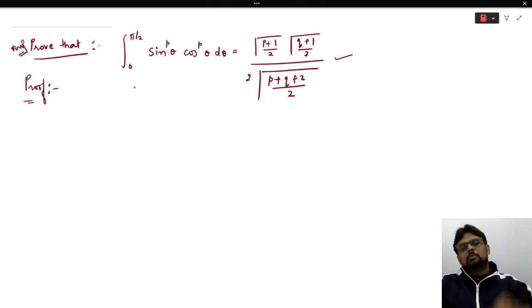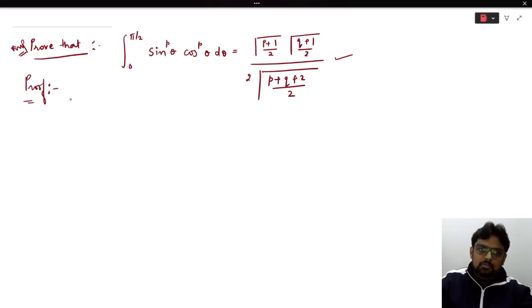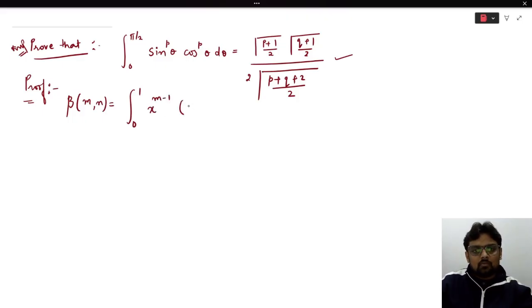What is the definition of the beta function? Beta function, if we write it in the form of m and n, is the integral from 0 to 1 of x to the power m minus 1 times 1 minus x to the power n minus 1 dx.